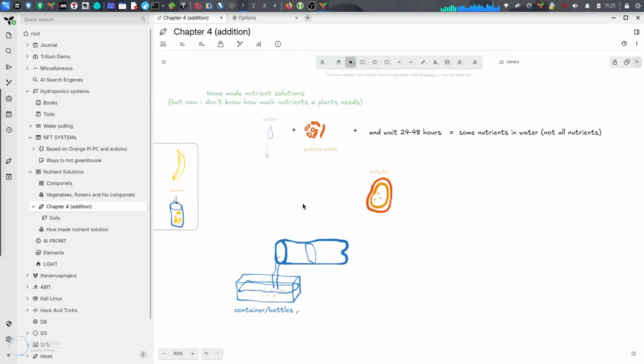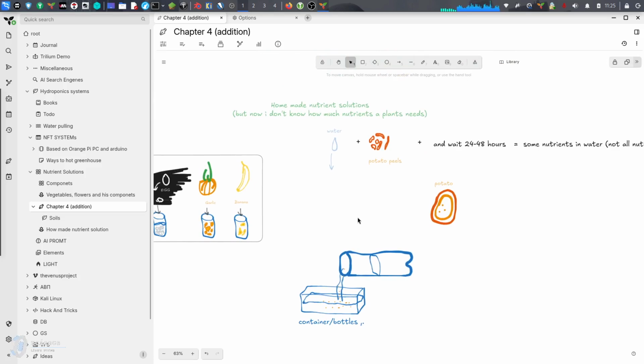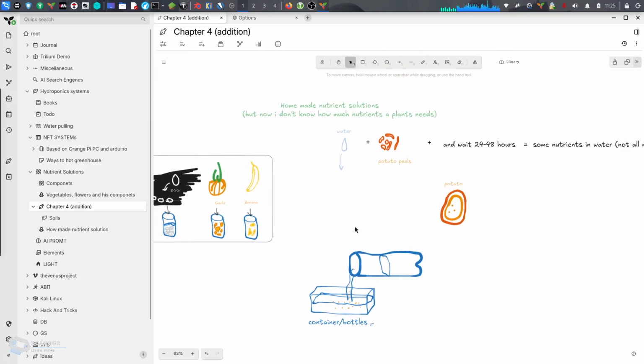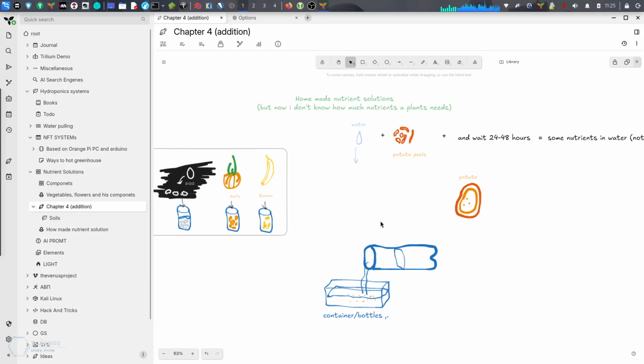This is just a concept, but as I see on YouTube, we can use this in a traditional garden for flowers, etc. But I don't know how much and what nutrients a plant needs.